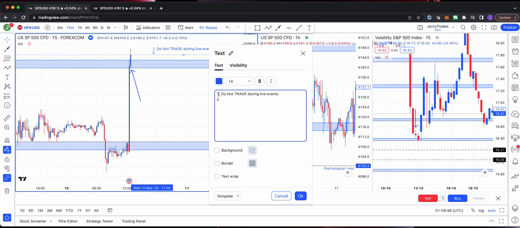And point number 2 is the 4150, 4160 range has been tough to close above. So I want to see at least a 1 hour candle closing above. Need clear rejection on wicks.